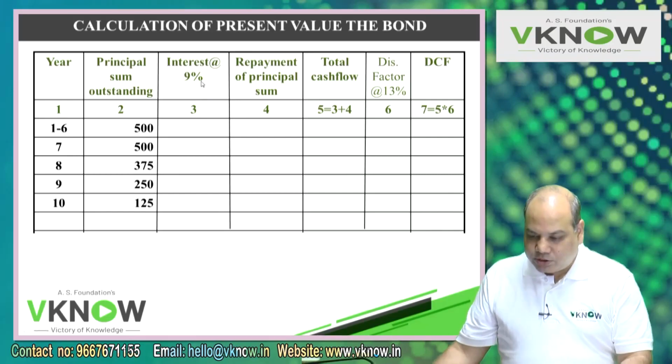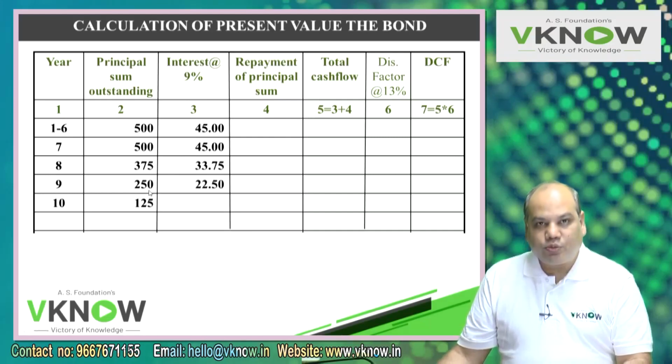Now please write down: 9% of 500 is 45, same 45, 9% of 375 is 33.75, 9% of 250 is 22.5, 9% of 125 is 11.25.